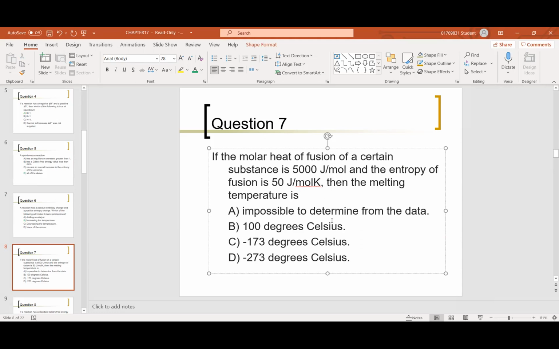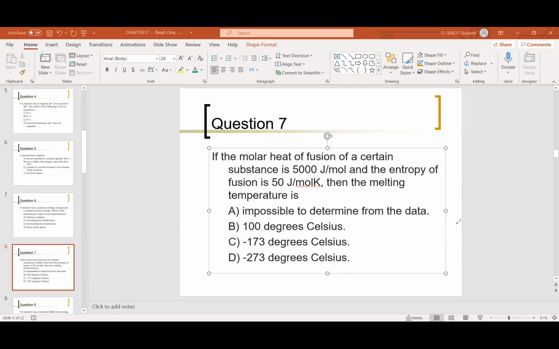That's an integral. No. Okay, let me see this. Wait a second. So this is degrees Celsius, right?